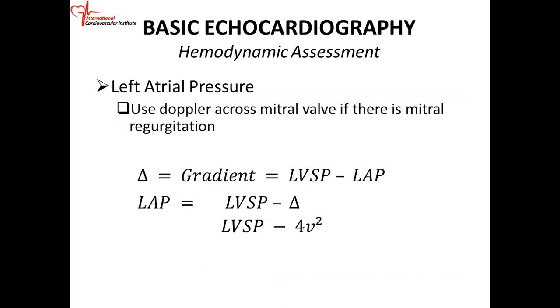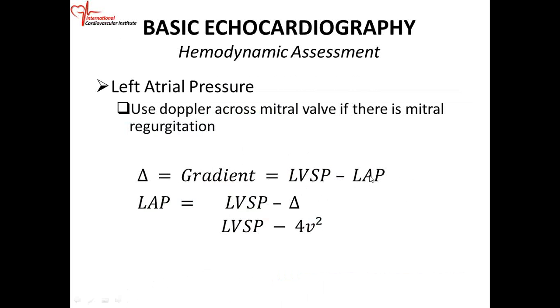Okay? So the gradient is your LV systolic pressure minus the left atrial systolic pressure. That's the gradient. Again, if you look at your MR peak velocity, you square it, you multiply by 4, then this is what you get.